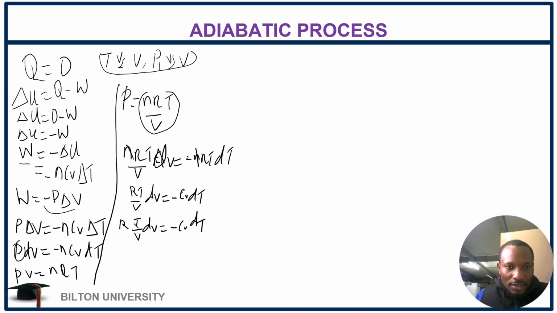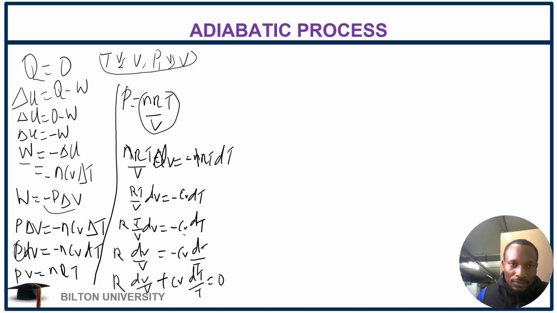So we can bring this T to this side, and that's going to leave us with R dV over V equal to minus C_V dT over T. And we can equate this to 0 and say R dV over V plus C_V dT over T is equal to 0.